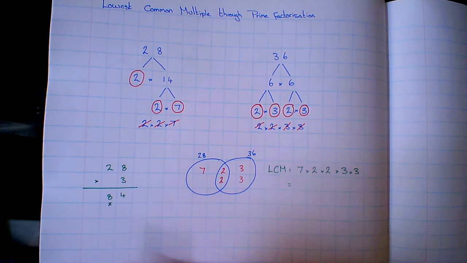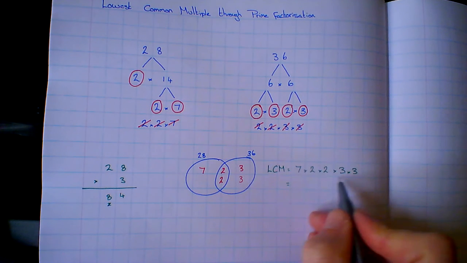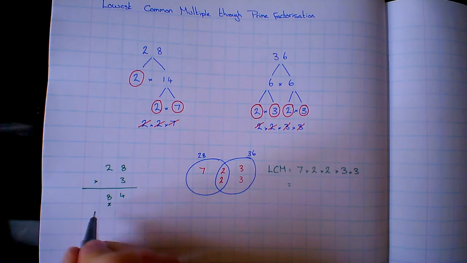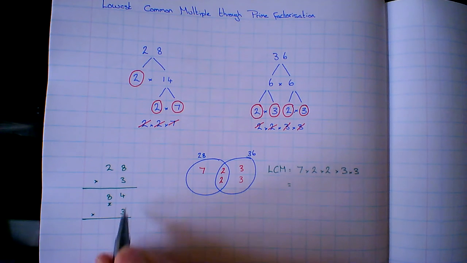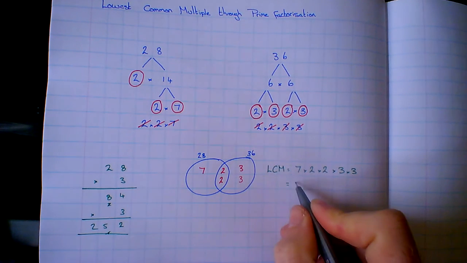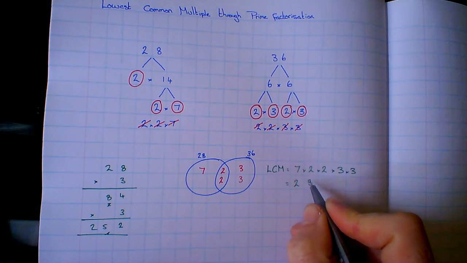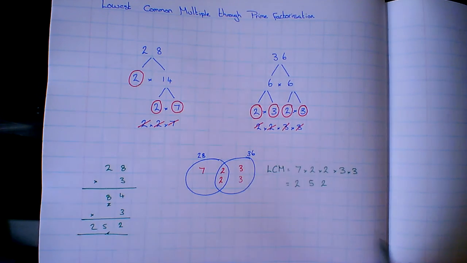And it's 84 times 3, because that there is 84. So 84 times 3. 3 times 4 is 12. 24, 25. So the lowest common multiple is 252.